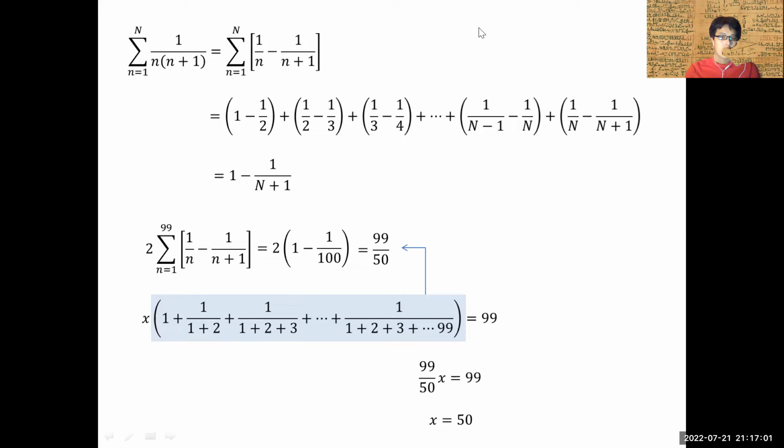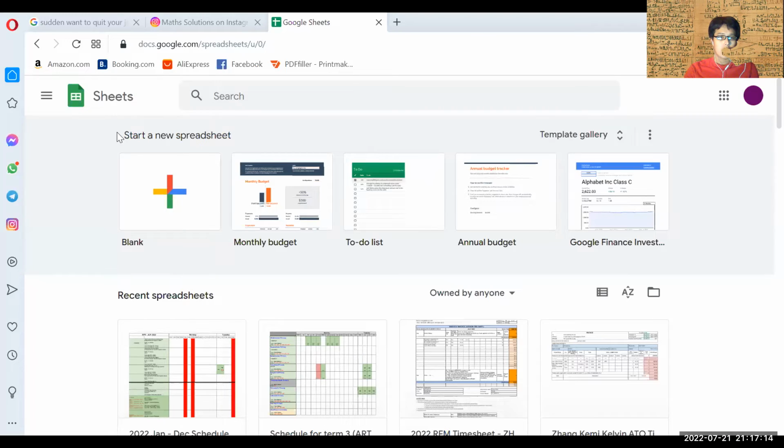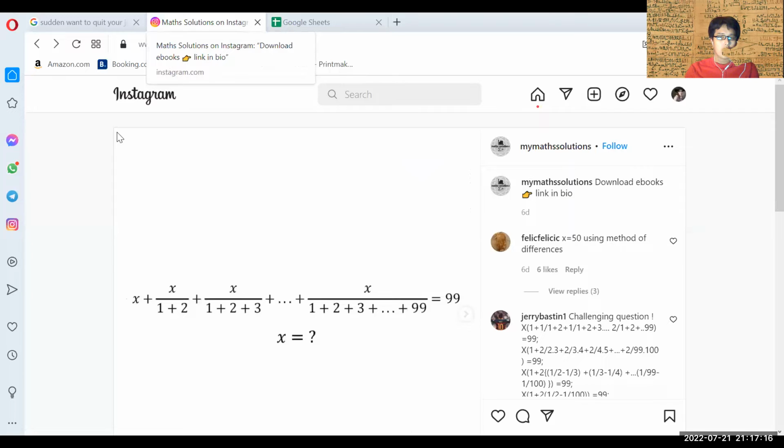Anyway, for this question, I actually found it, just a minute. Actually, I found it over here. So that was the maths question that came out.